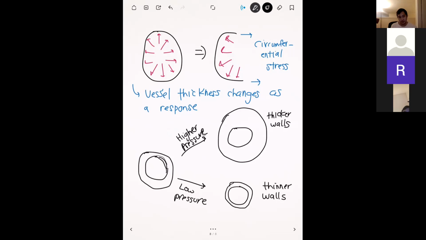And if you think about some of the other effects that we talked about before, as people age, their blood vessels get stiffer, and that causes wave propagation to go faster, and that causes your blood pressure to rise. A rise in blood pressure will also result in thicker vessel walls too, right?